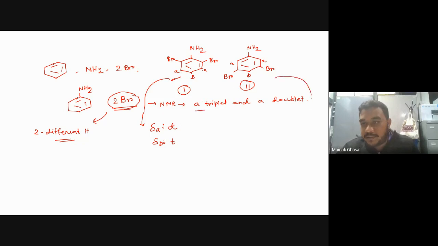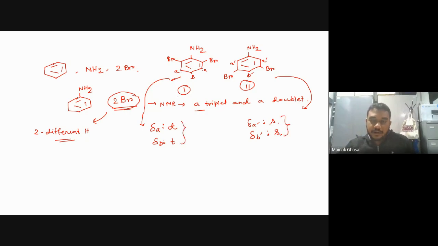Now for the other one, suppose I am naming it A prime and it is B prime. So delta of A prime, what should be the pattern? It has no neighboring hydrogen, so it will be a singlet. And delta of B prime will again be a singlet. So you expect singlets.